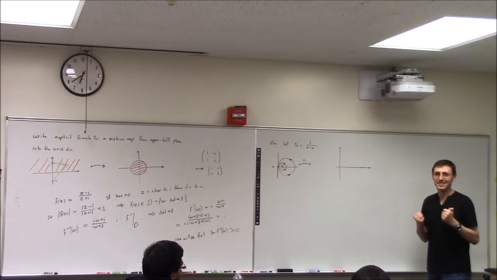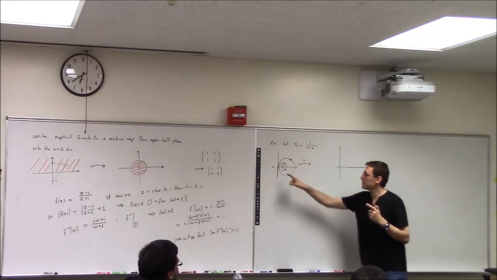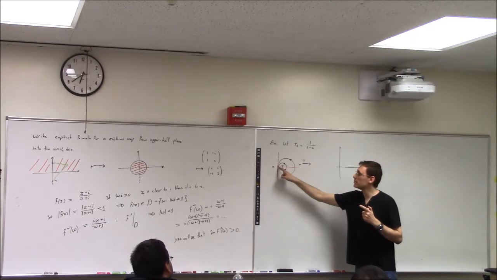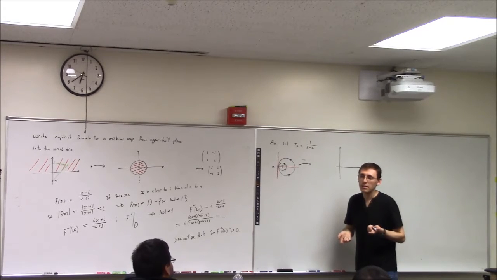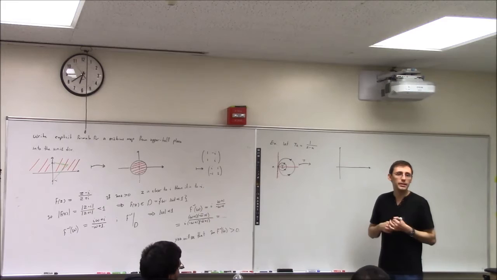You can do it. Big hint. One point of the circle, where is it mapped? The circle contains the point A. And where is A mapped? To infinity. So it's going to be a line, right?